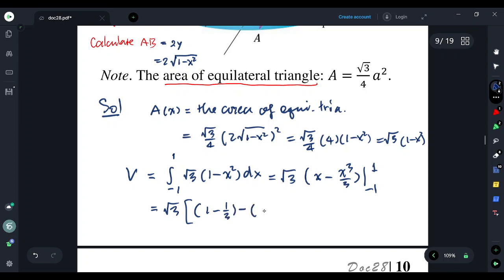When we substitute -1, we have -1 plus 1/3. So this is just square root 3 times 2 over 3, and then minus plus, so we're going to get 4 over 3, and the answer is 4 over square root of 3, right?